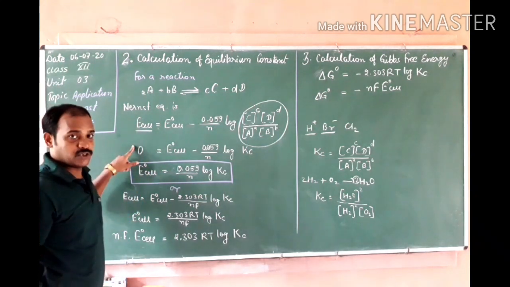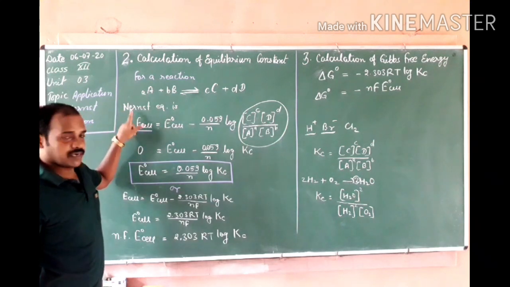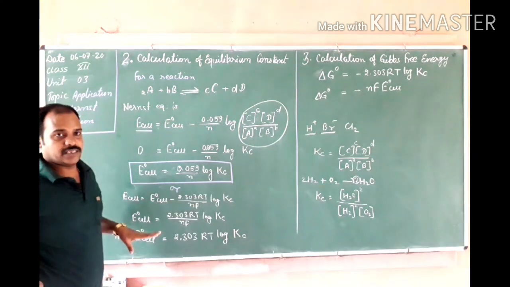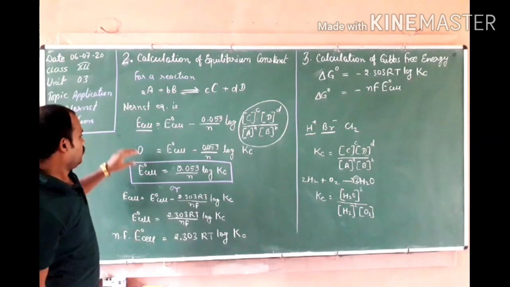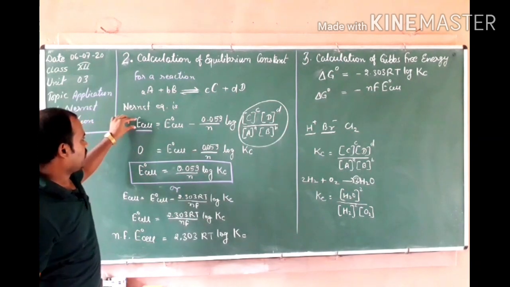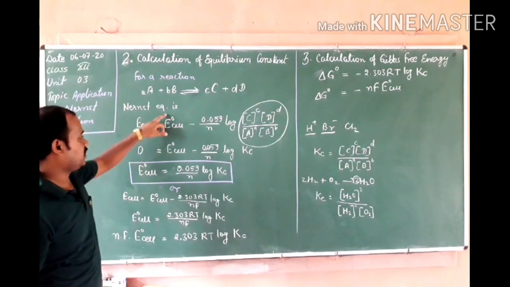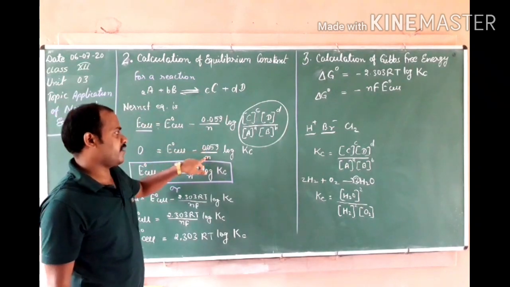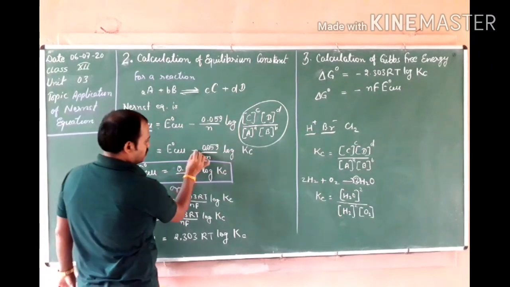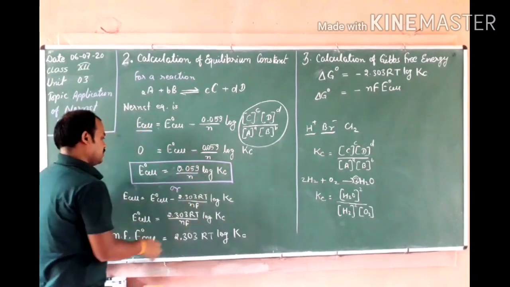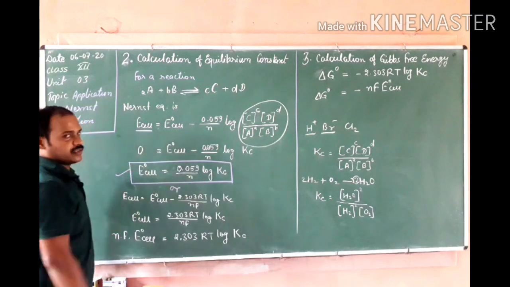Why are we writing 0? Because at equilibrium, there is no change in the concentration of reactants and products. So next, see, E cell is 0, E naught cell minus 0.059 by n log Kc. Arrange this equation, and it will be in this form.